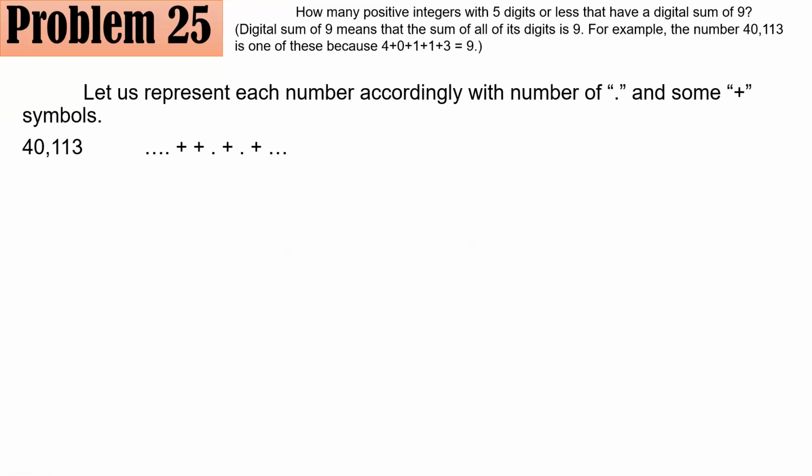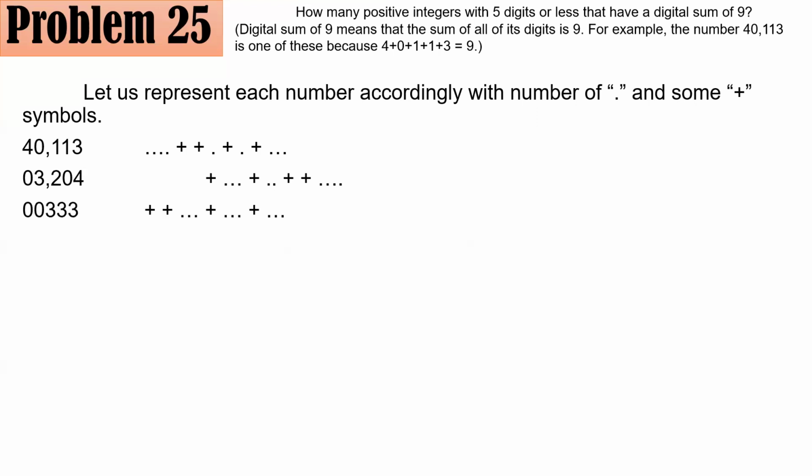But remember, according to the problem, you could have less than 5 digits. So let's say 4 digits. If you have a 4-digit number, in this case, it could be safely presumed that the 10,000s place is 0. And using a similar principle, that's 0 plus 3 dots plus 2 dots plus no dot plus 4 dots. Again, there are 4 plus symbols and 9 dots.